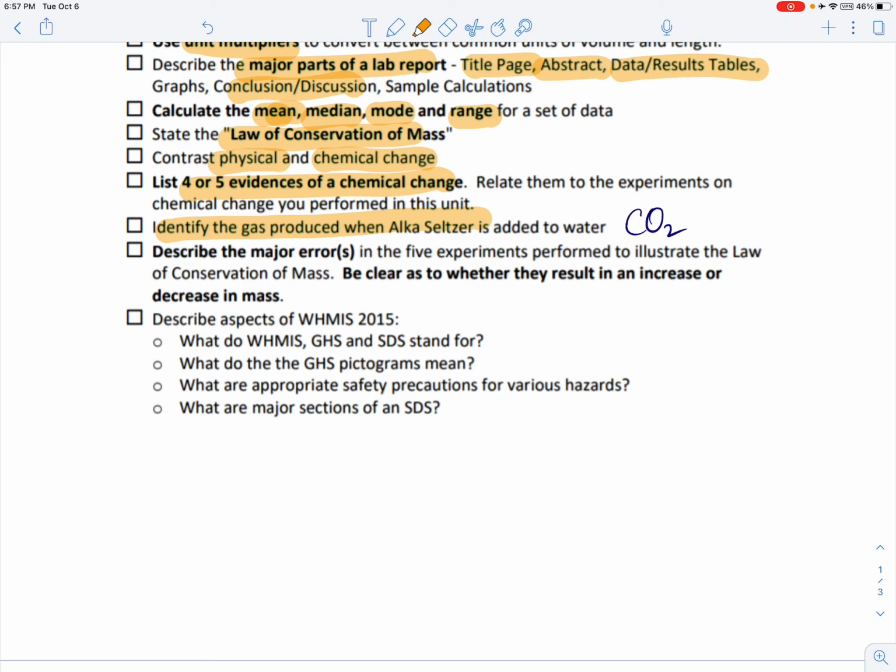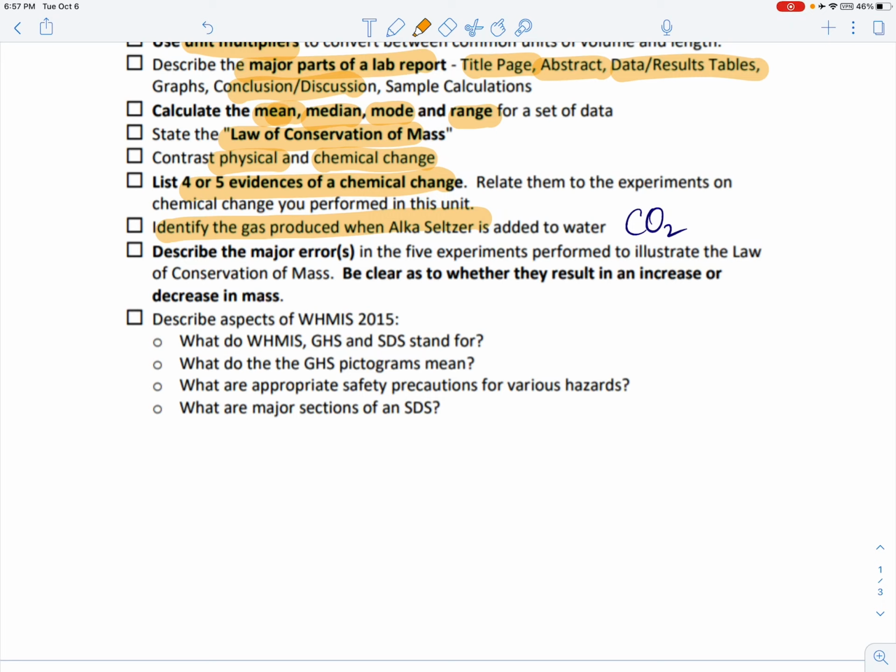So some gas would always escape from the bottle, which would make the mass decrease because gas was escaping. In that same experiment, if you didn't put the lid on tightly, gas would continue to escape during the experiment, and that would also make the mass decrease.